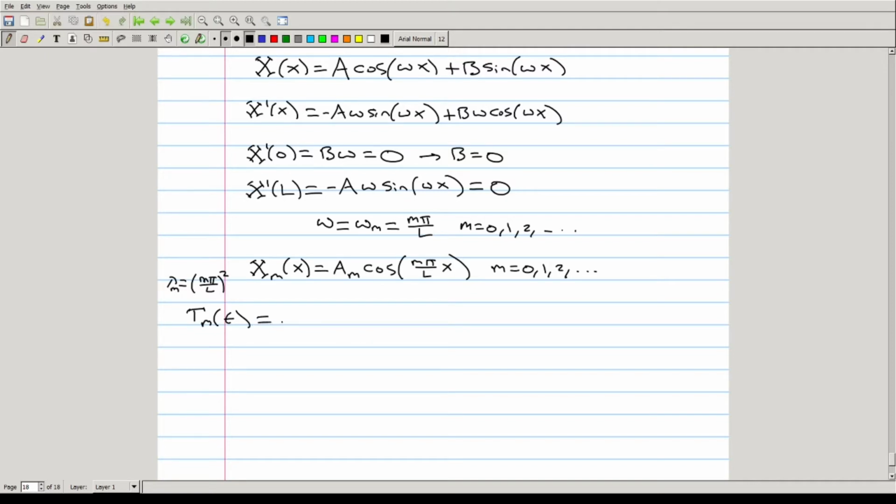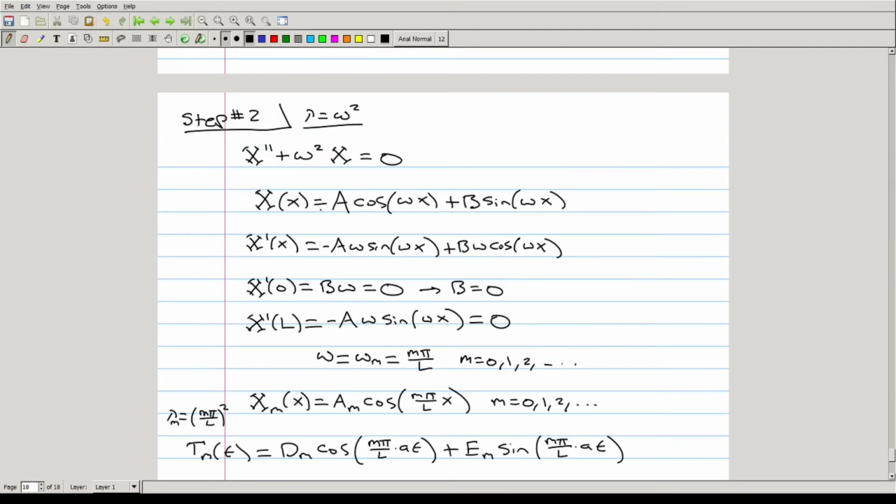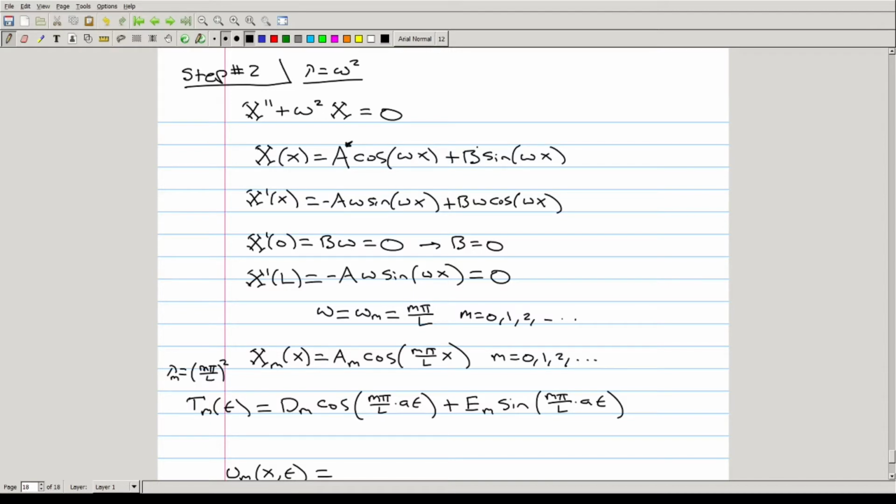Tm of t is going to be, in general, some constant t m cosine of m pi over L times a times t plus some other constant e m times sine of m pi over L times a times t, which means that the general solution for any finite value m is going to be, we'll call these constants a star and b star because they're arbitrary constants.